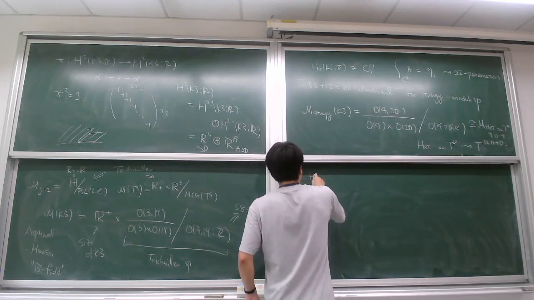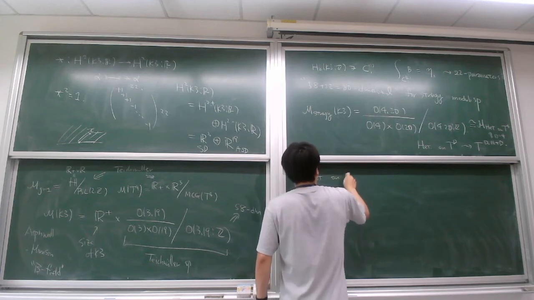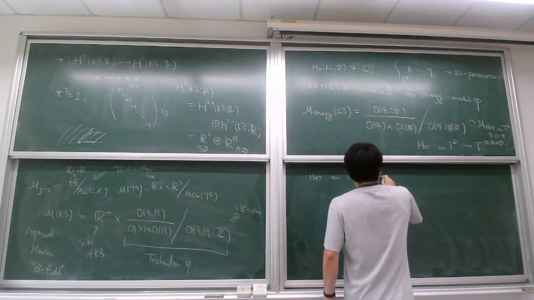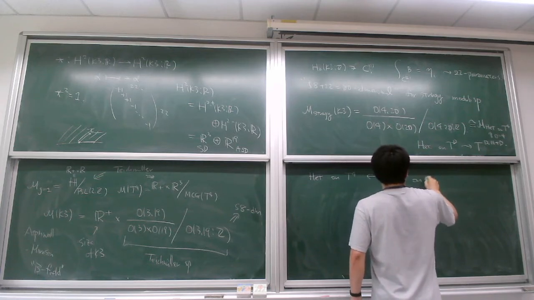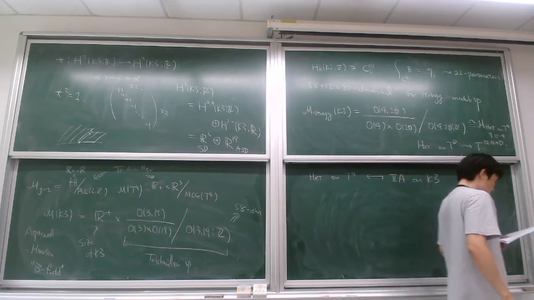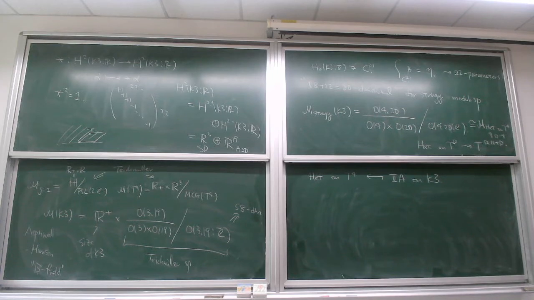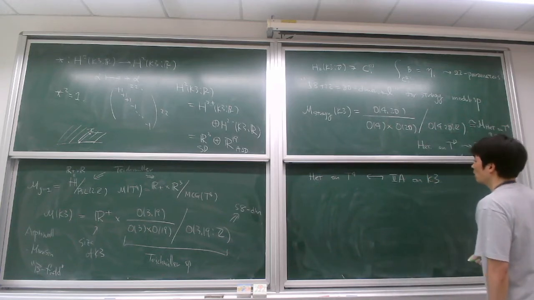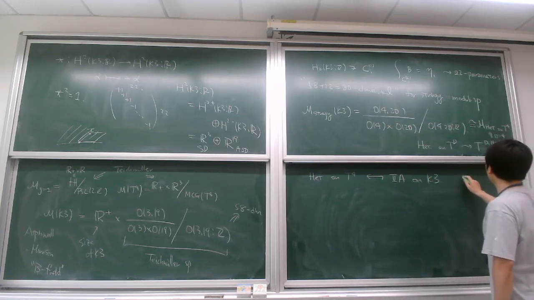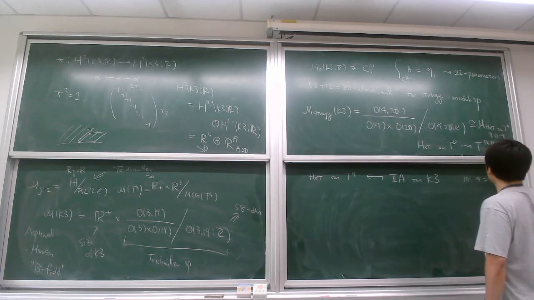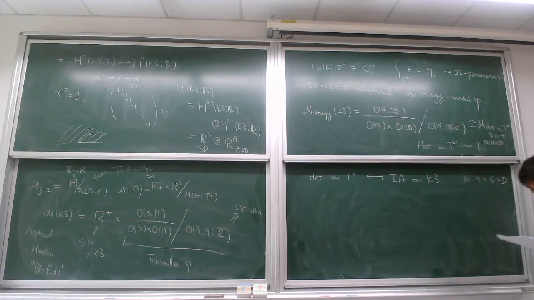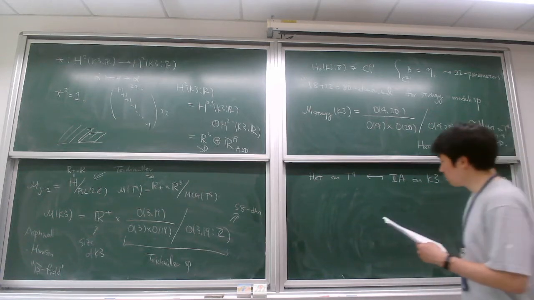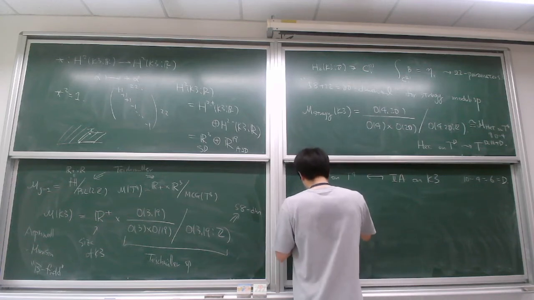Now we look at the relation between the heterotic string on T4 and type IIA on K3. If you do the compactification, the dimension D is 10 minus 4, which is 6, and look at the supergravity action of this heterotic string on T4.